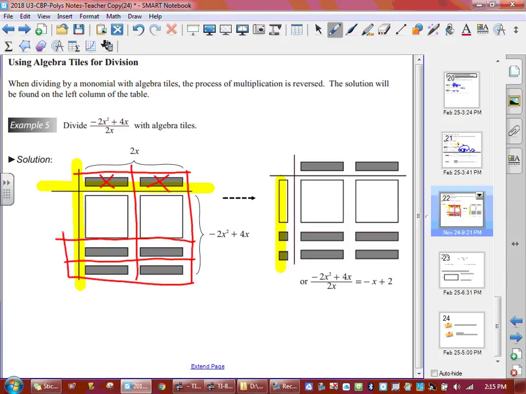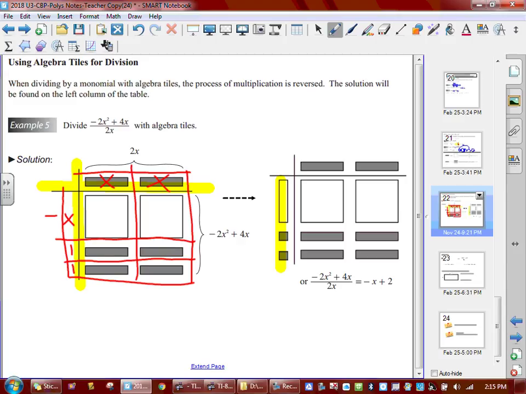And then we would draw a line straight up. So now I've got an x and a 1 and a 1. And now we have to decide what kinds of x's and 1's they are. What would I multiply? A positive times what would give me a negative? Negative. So that means this stick here has to be a negative x.